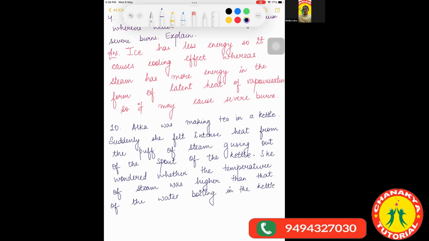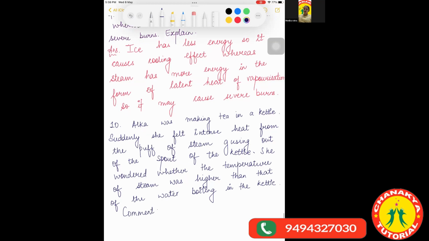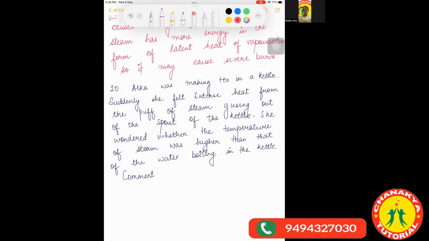Comment. Yes, Sampath. Tell me the answer for this one. It's a very easy question. Sampath, can you tell me the answer? Yes, ma'am. Yes, because she felt the intense heat because steam has more energy in the form of latent heat of vaporization. So we can say that the temperature of steam is more than the boiling water in the kettle.